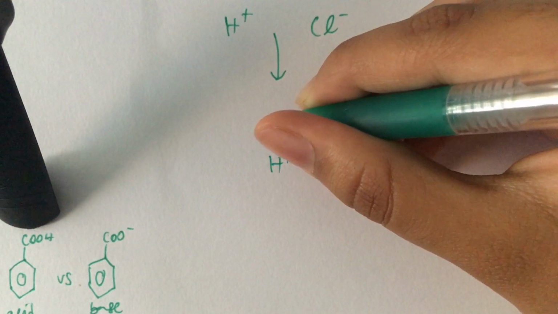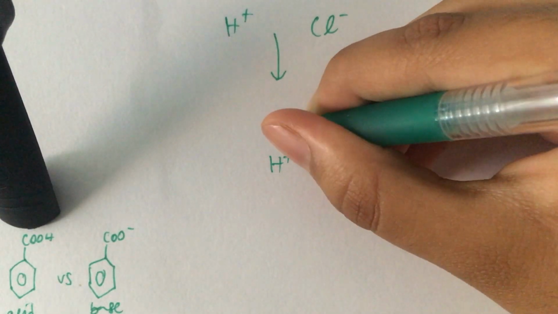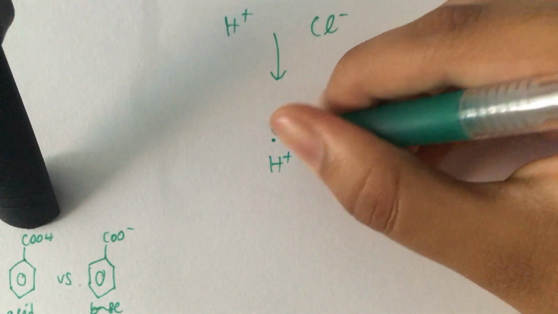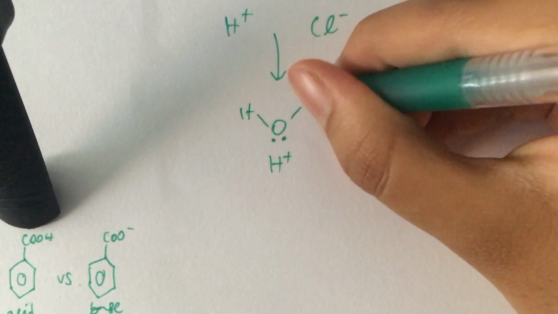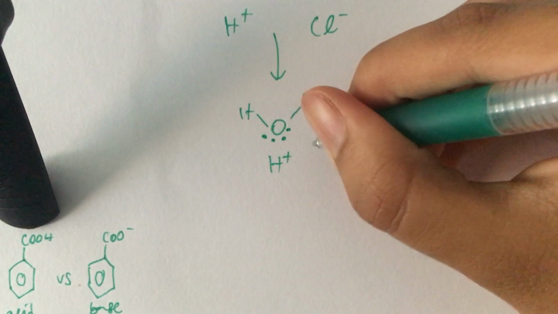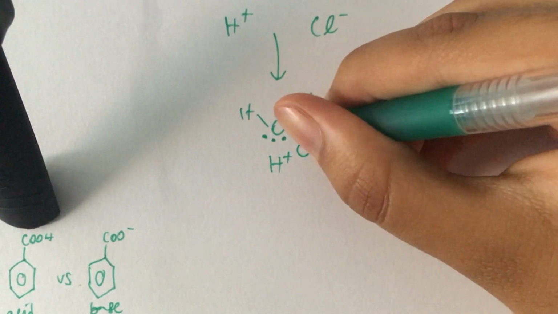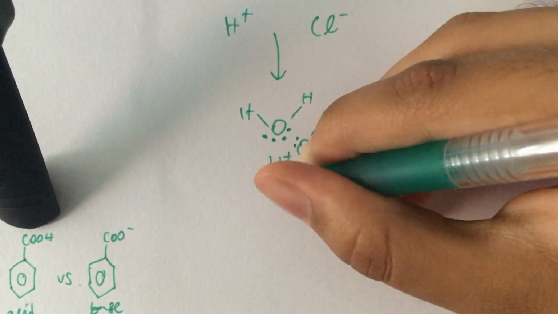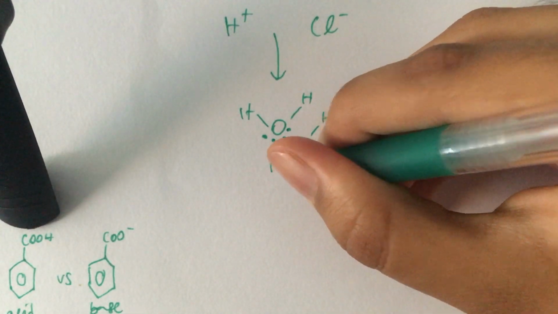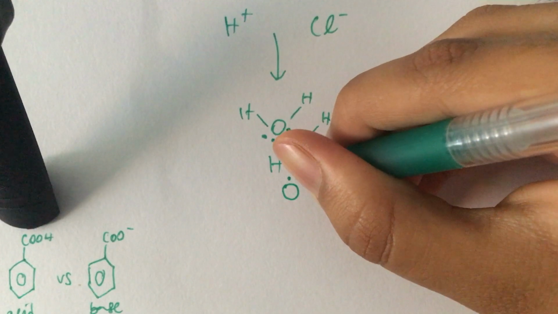In the solution, if you're using something like HCl, the H plus and Cl minus will first separate out, right? And since they're charged, the water molecules kind of surround them, and water molecules are polar.